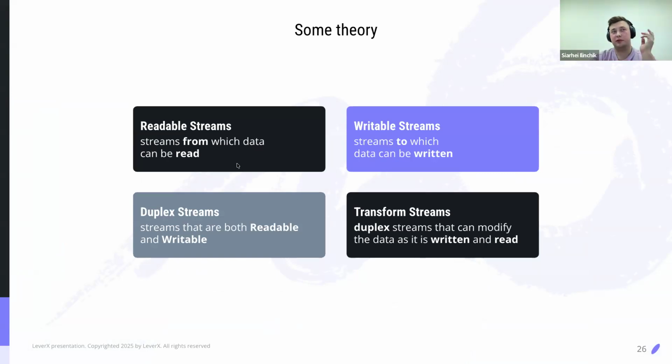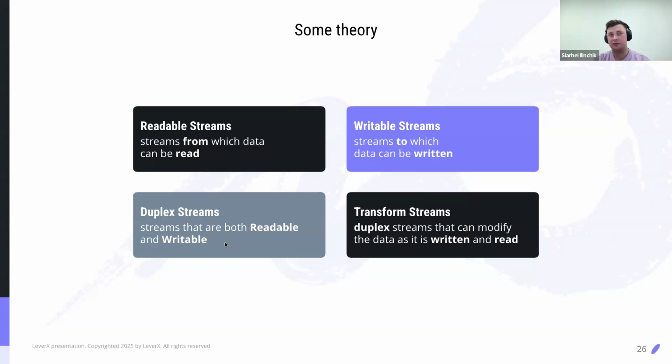First, the readable stream. From a readable stream we can only read data; we can give nothing to it. Then we have writable streams. Writable streams do not give you anything, but you can give portions of data to the writable stream, and it will be processed by the consumer.